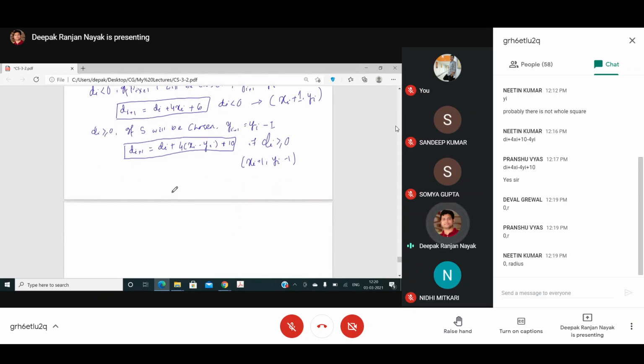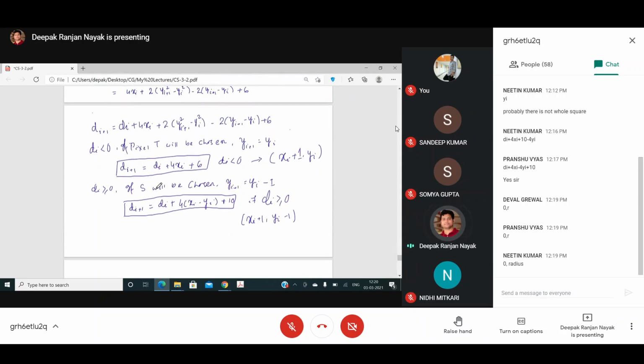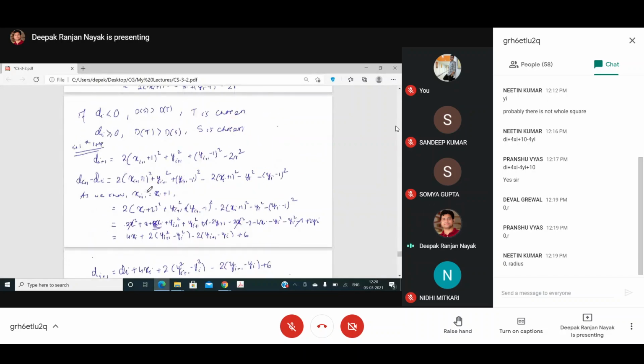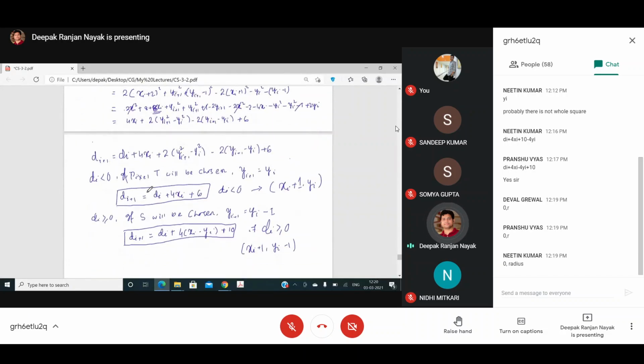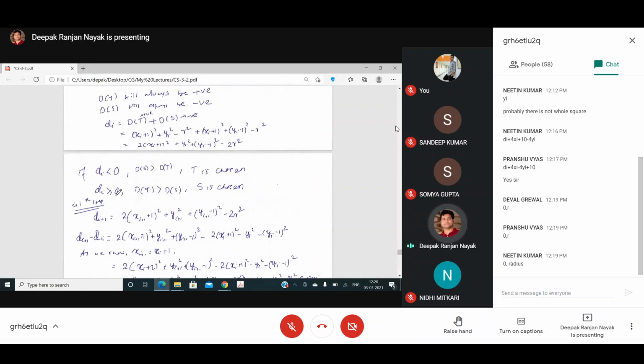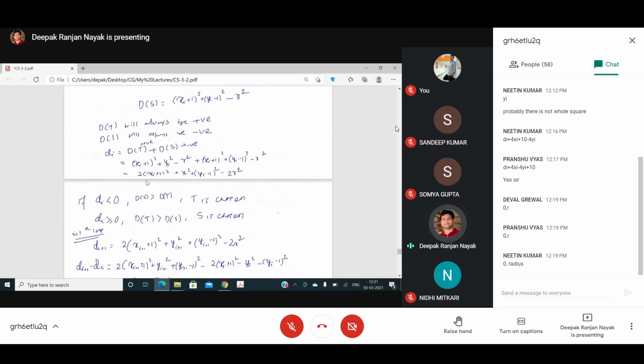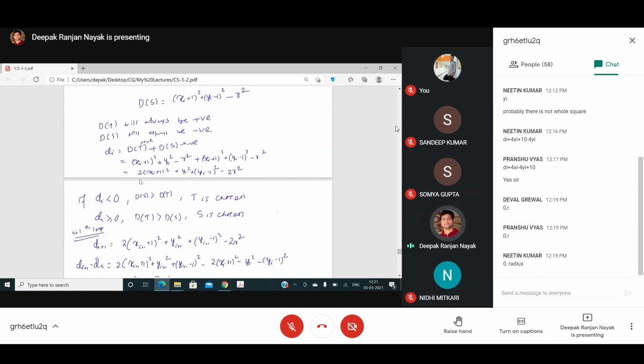And to find out the base value, let's say d1, what we have to do is apply the first point over the equation di. So what is the value of di? di is nothing but 2 of (xi plus 1) square plus yi square plus (yi minus 1) square minus 2r square.